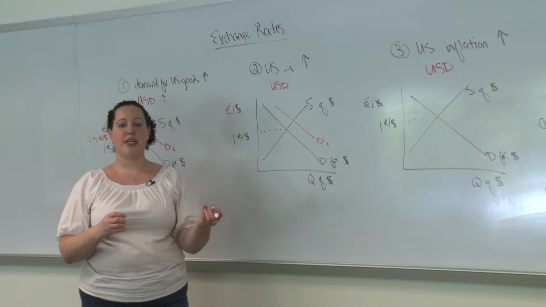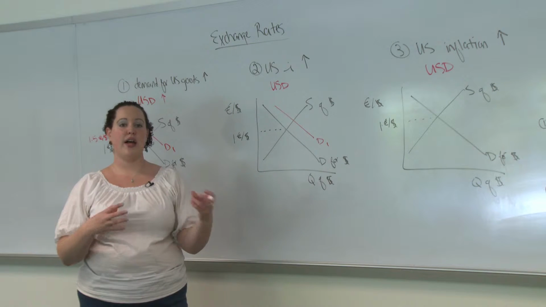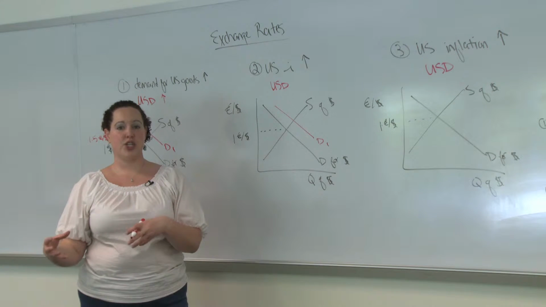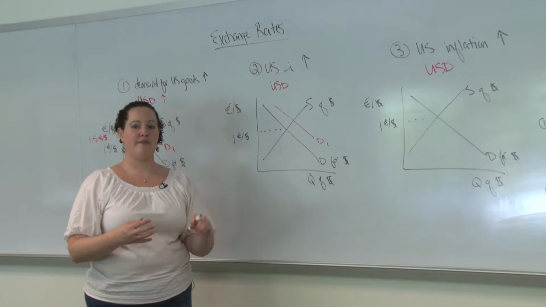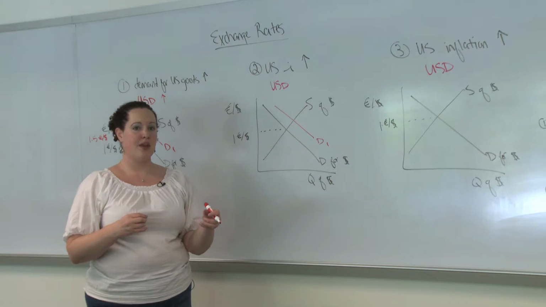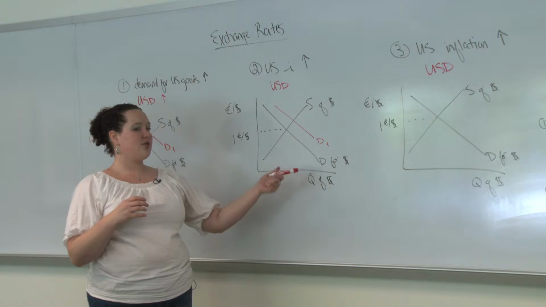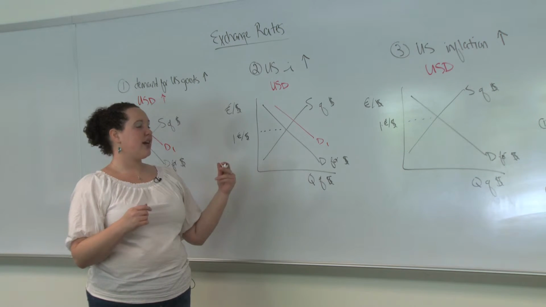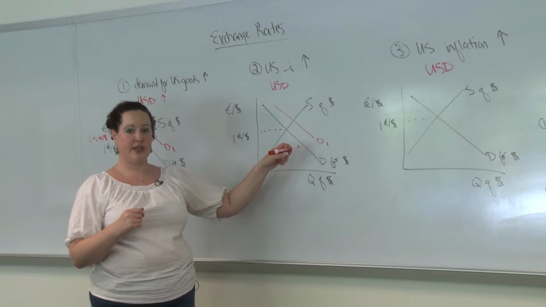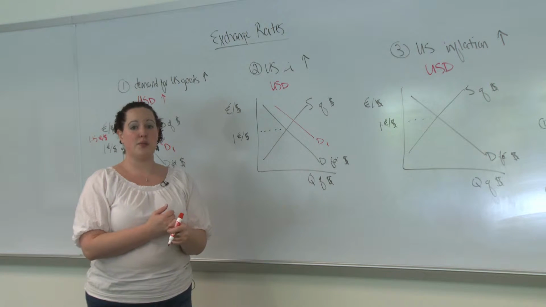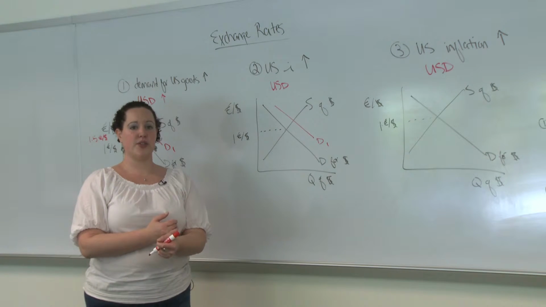If you put money in a bank to save it, with a higher interest rate, you get a better return. So more Europeans want to save money in US banks. But to save money in US banks, you need to have dollars. So with a higher US interest rate, the demand for dollars increases. So that's the first part of what happens with a higher US interest rate.